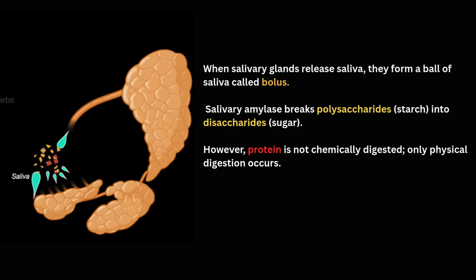Starch is a polysaccharide, and those polysaccharides further break down into disaccharides, which are sugars. However, protein isn't chemically digested inside the mouth because there aren't any enzymes to break down proteins there. We can only use mastication to physically break them into smaller pieces, but we won't be able to chemically digest them. The only way we can chemically digest them is in the stomach.